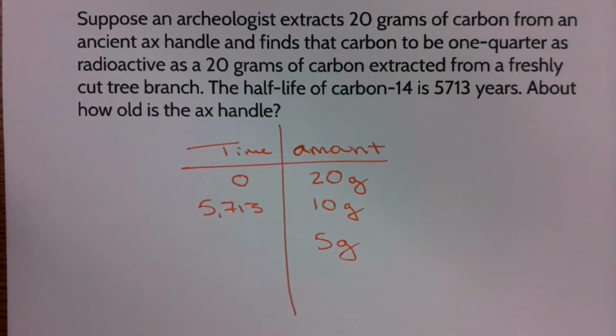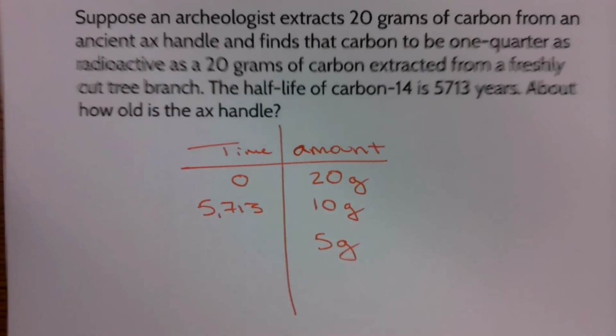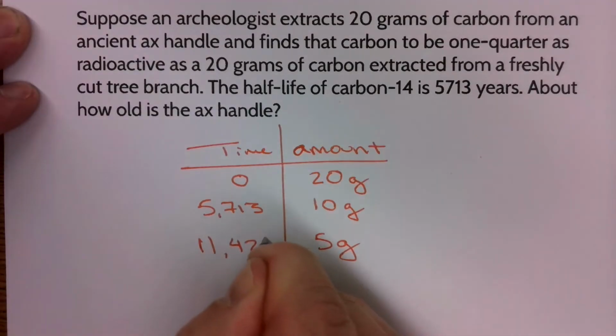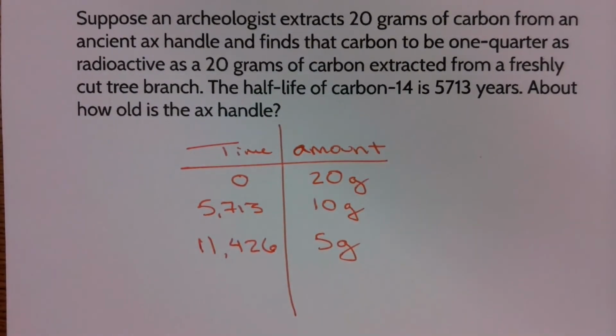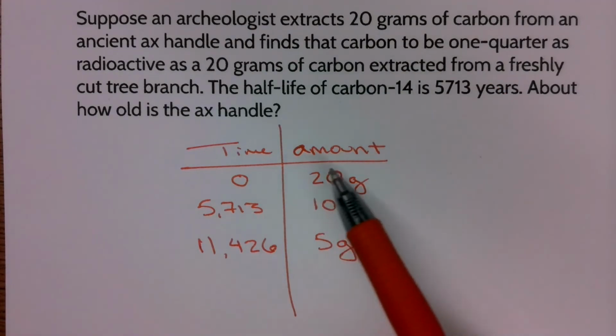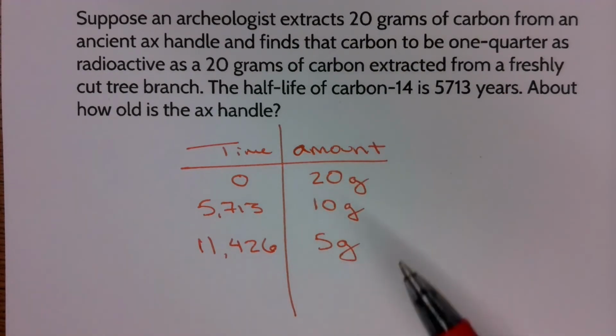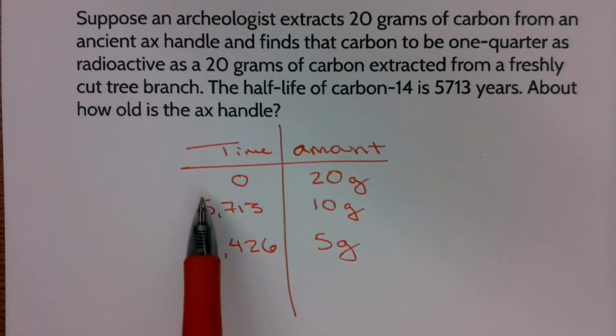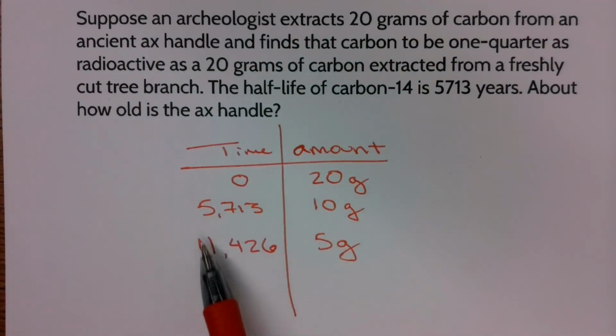And if we were to half-life it again, 5,713 times 2 is going to be 11,426. So from this problem we can determine that because there's a quarter of the amount of carbon in the axe handle than there should be, there's only a quarter of that amount of that radioactive isotope, we can assume that it had 2 half-lives, and that axe handle is about 11,000 years old.